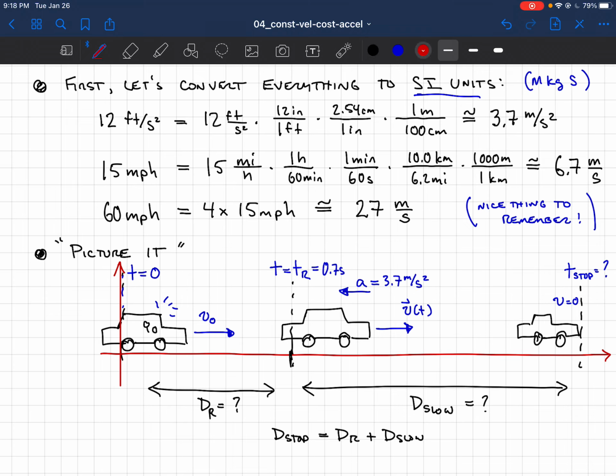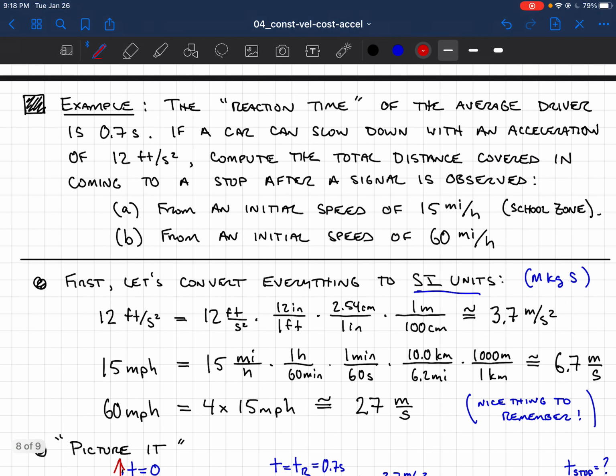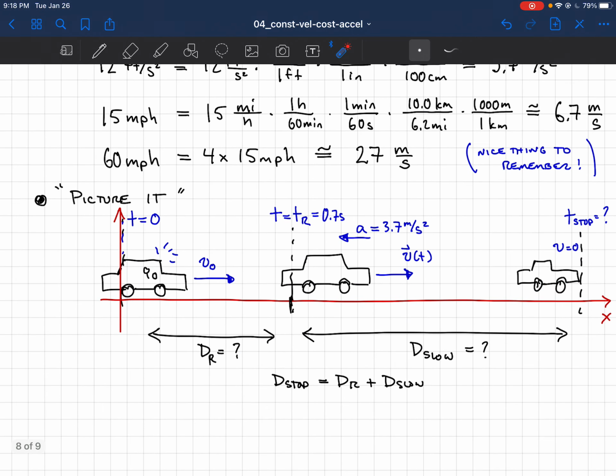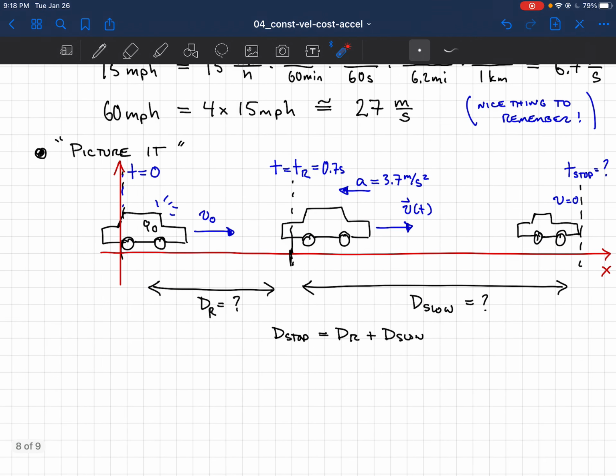Okay, is there anything else we can do here? I'm not sure. I don't see anything. So let's try and proceed. So what are we trying to figure out? Well, we want to know what the total distance covered is after coming to a stop, after the signal is observed. So what is that? Well, this equation here actually seems to be a pretty good one.